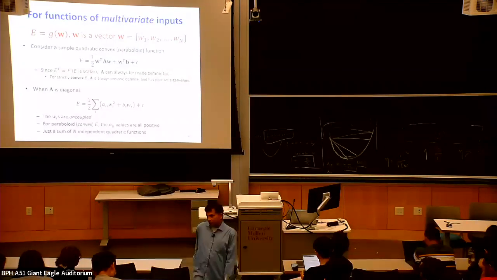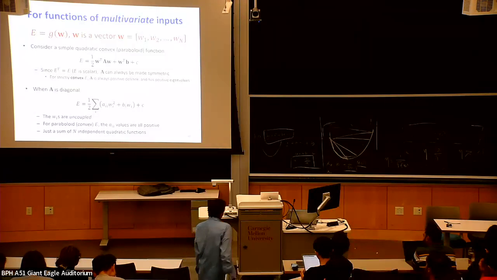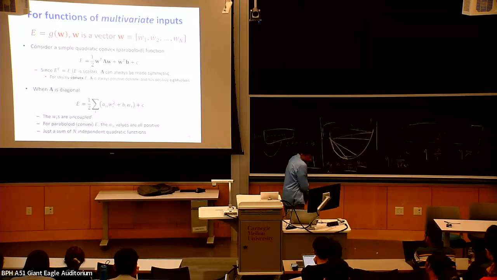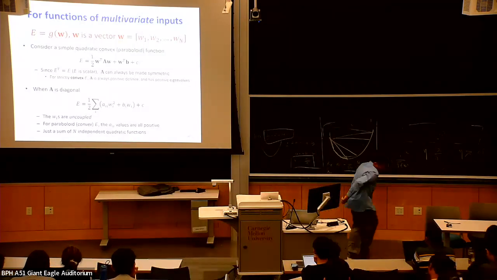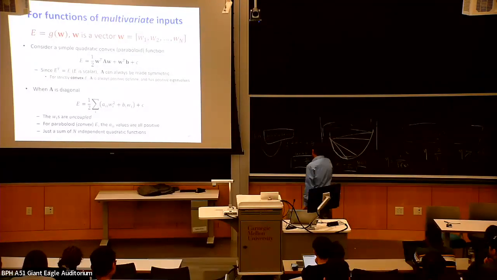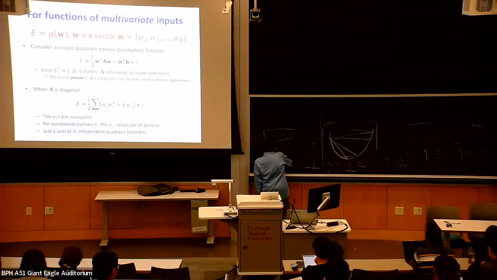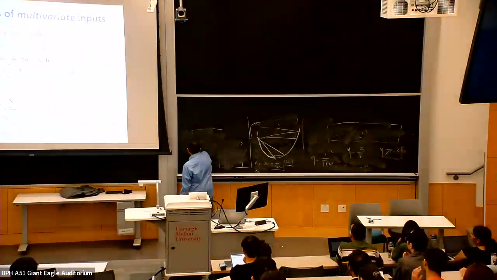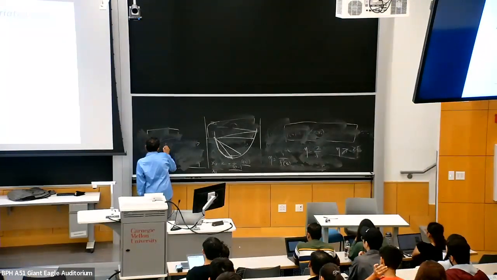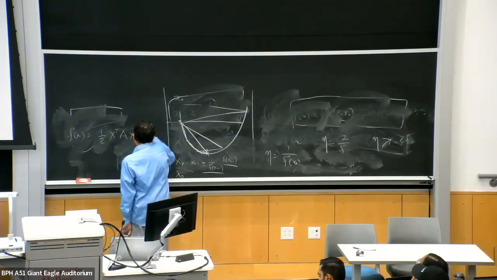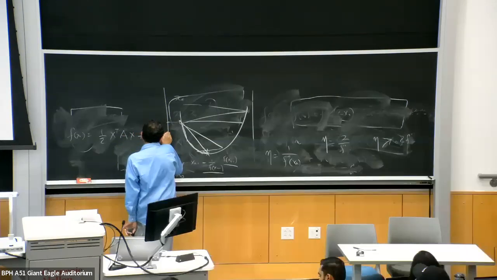Things get more interesting when you look at functions of multiple variables. When I've got multiple variables, it still is a quadratic function, it's still going to have quadratic terms. Now x is a vector, right? And so I'm going to say f of x equals half of x transpose A x plus b transpose x plus c.